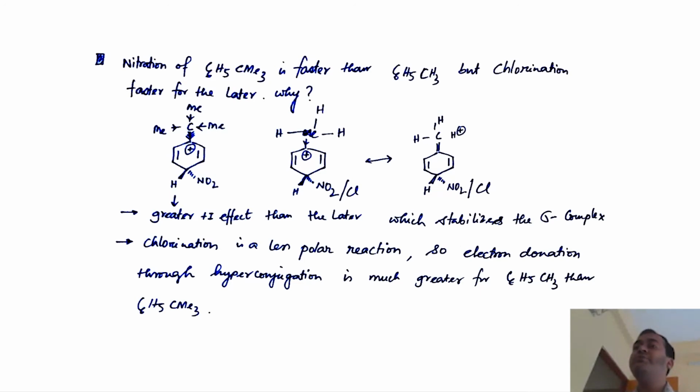Okay, so because of this hyperconjugation effect, which is possible in the case of toluene and not possible in the case of the tertiary butyl group, the chlorination becomes faster in the case of toluene, but slower in the case of tertiary butyl benzene. So how did we conclude that hyperconjugation is operational just from the fact that chlorine is a less polar electrophile?